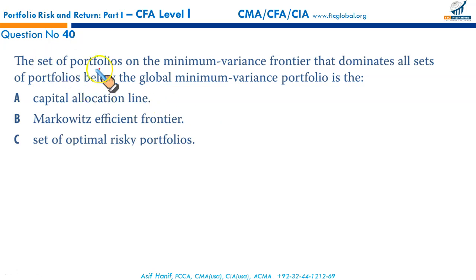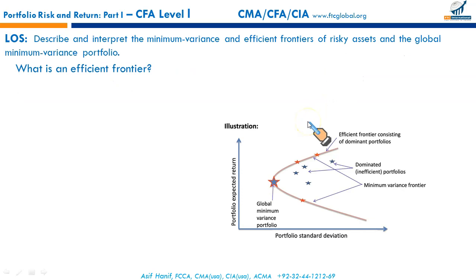Okay, next question. The set of portfolios on the minimum variance frontier that dominates all sets of portfolios below the global minimum variance portfolio is the Markowitz efficient frontier. This is the one here. So remember, the Markowitz efficient frontier has higher rates of return for a given level of risk.